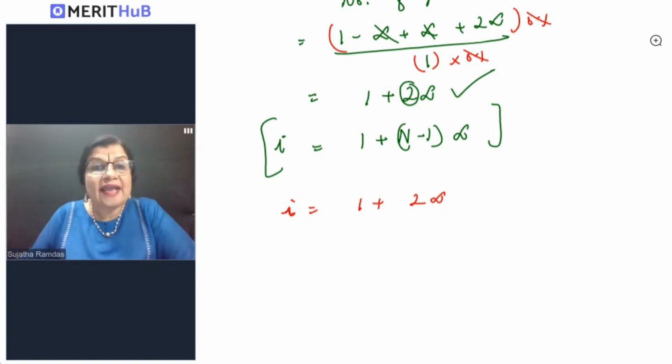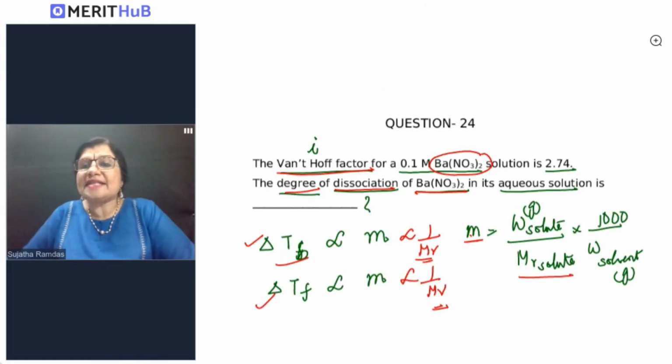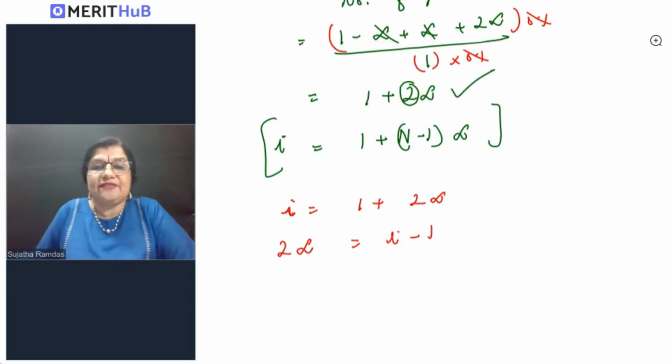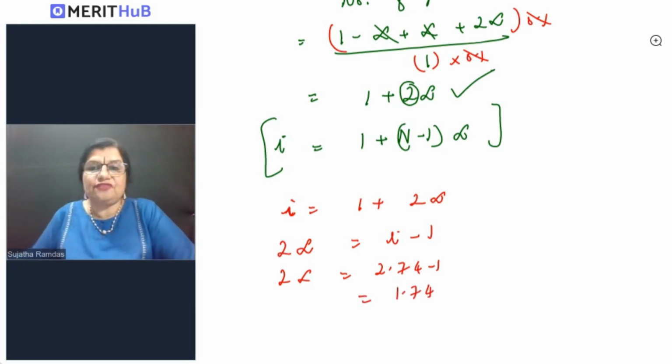Now, what is i equal to? You need to find out alpha here. So 2 alpha is equal to i minus 1. What is i equal to here? i is equal to 2.74. So 2 alpha is equal to 2.74 minus 1, and that is equal to 1.74.